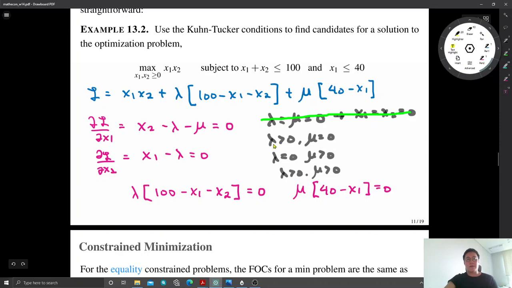And the second case: if lambda is positive and mu is equal to 0, then what happens? If mu is equal to 0, x2 equals lambda from this equation, and so does x1. So x1 and x2 have the same value.